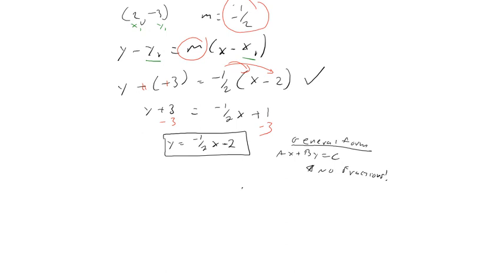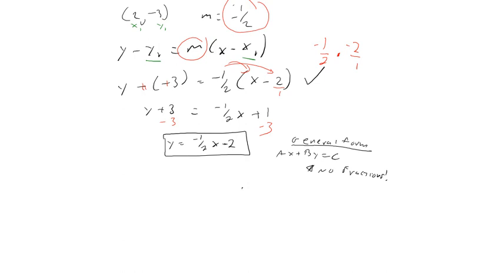Where did the -2 go when I distributed the 1/2? Let me do a little aside here. Multiplying -1/2 times -2. -2 is really -2 over 1, a fraction, right? So -1/2 times -2 over 1.